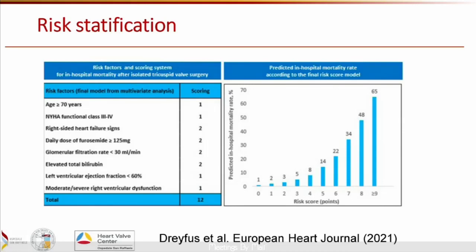But even in this subset of patients, you realize that as the number of comorbidities, the risk factors on the left, increases, the mortality increases exponentially. And as you reach a risk score of 3, 4, you need to start thinking about something else, in my opinion.